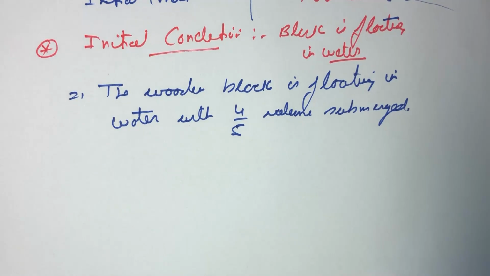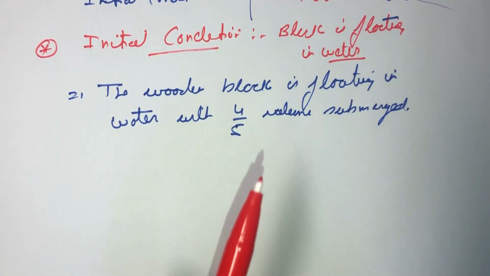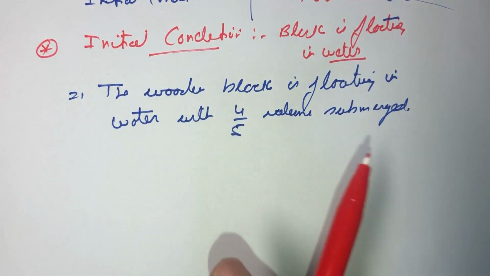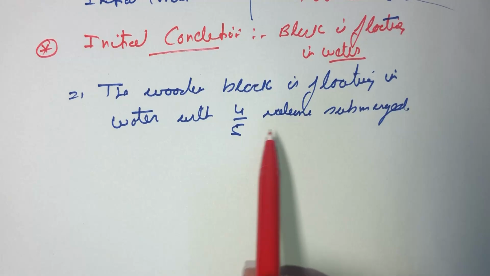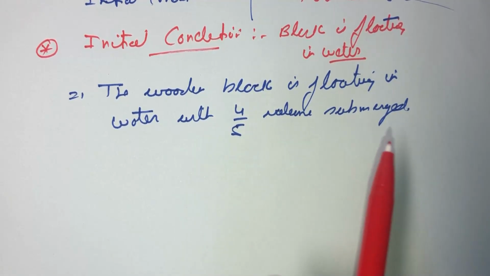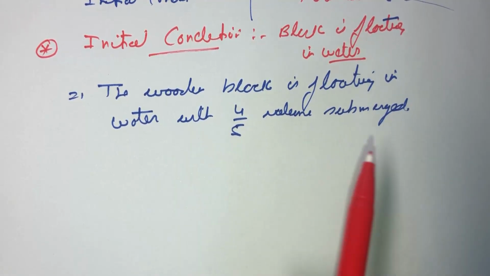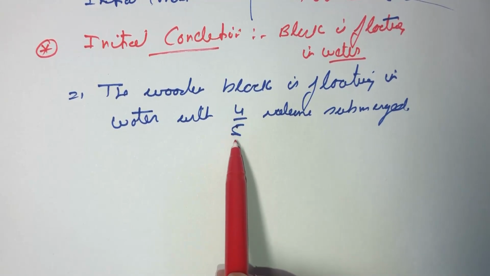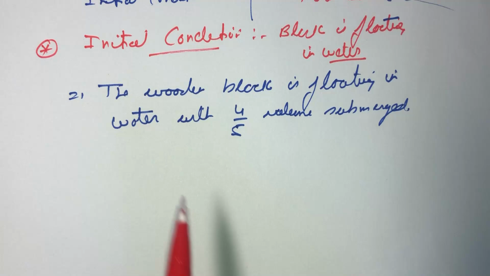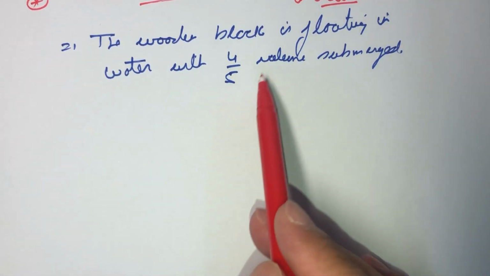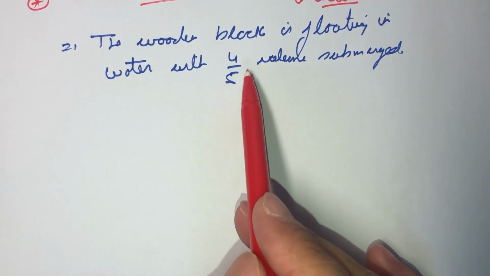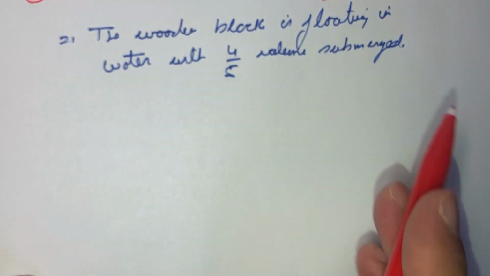Therefore, the buoyant force will be equal to the weight of water displaced by the submerged volume, and the submerged volume is 4/5 of the volume. If we take V as the volume of the block, only 4/5 times V will be submerged, and the buoyant force will depend only on 4/5 times the volume V.